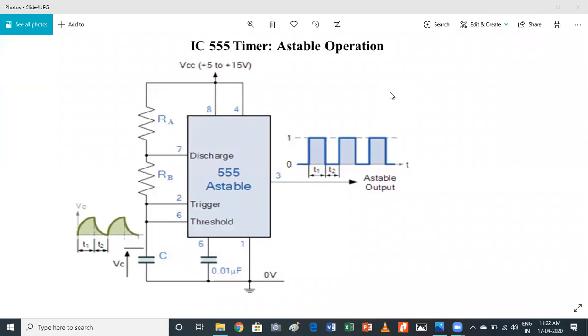Here no need to provide any external triggering signal in this mode of operation. See, these are the external components apart from the internal circuit diagram: RA, RB and C. Based on these R and C components only, the output on and off timing is going to vary. Okay, let's see the internal diagram for the operation.